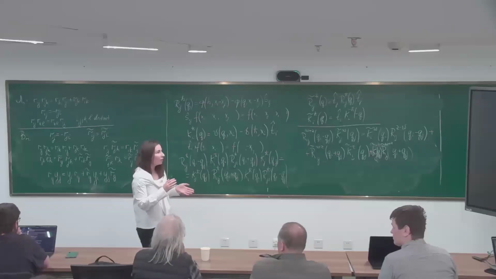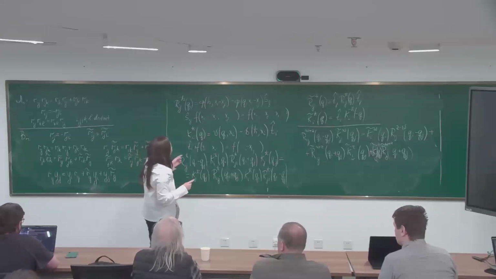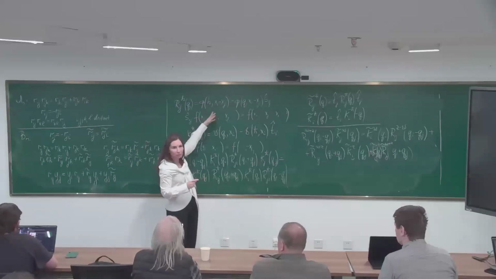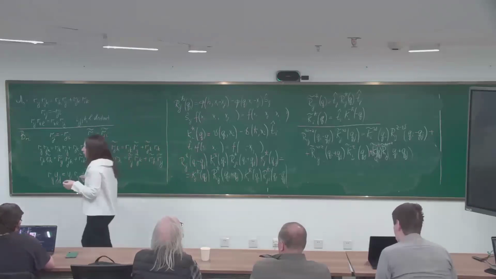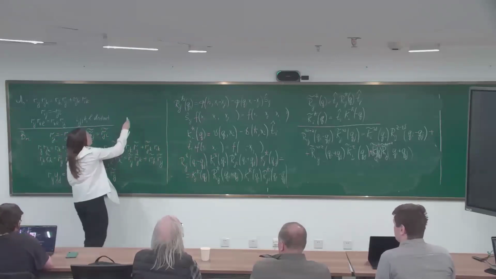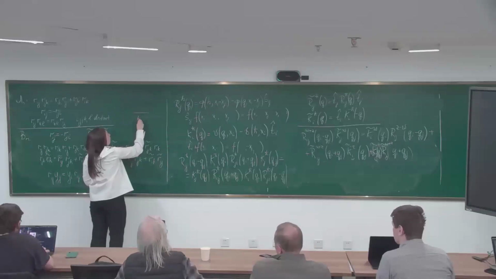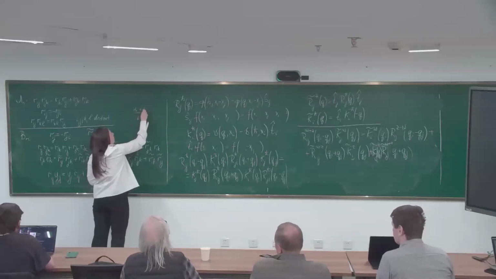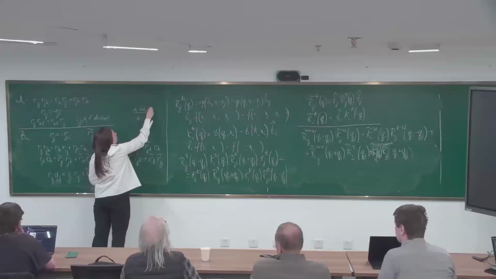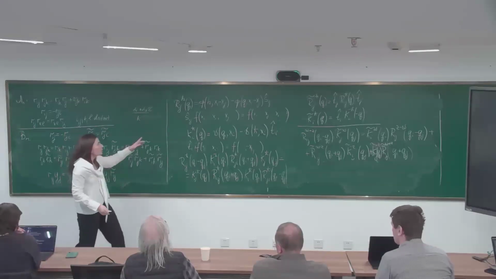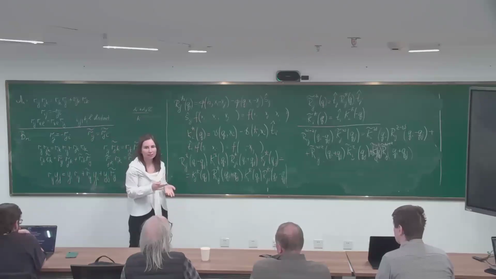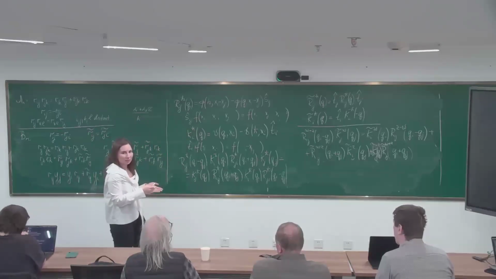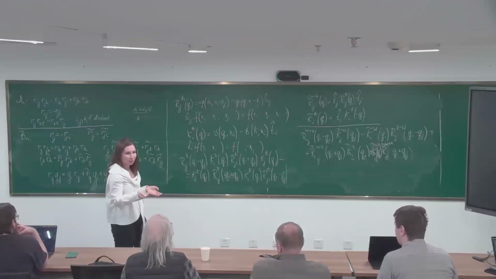So you can shift the arguments in phi, not by half periods, and then you obtain something that can be described with theta functions with characteristics.